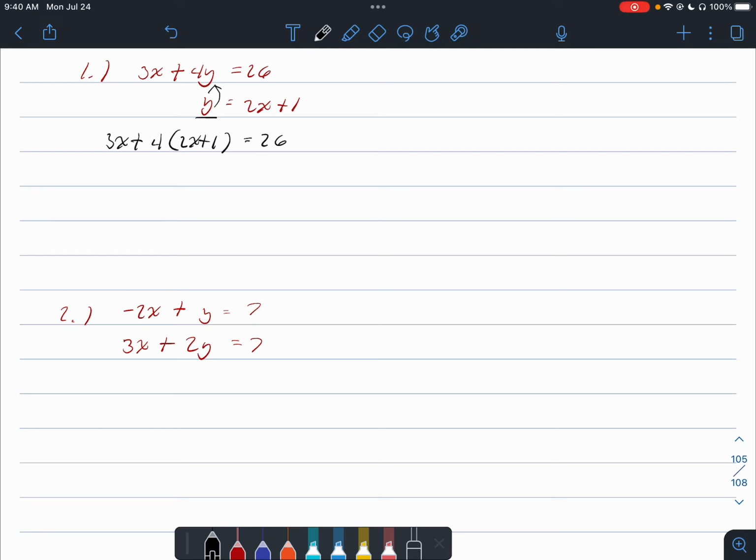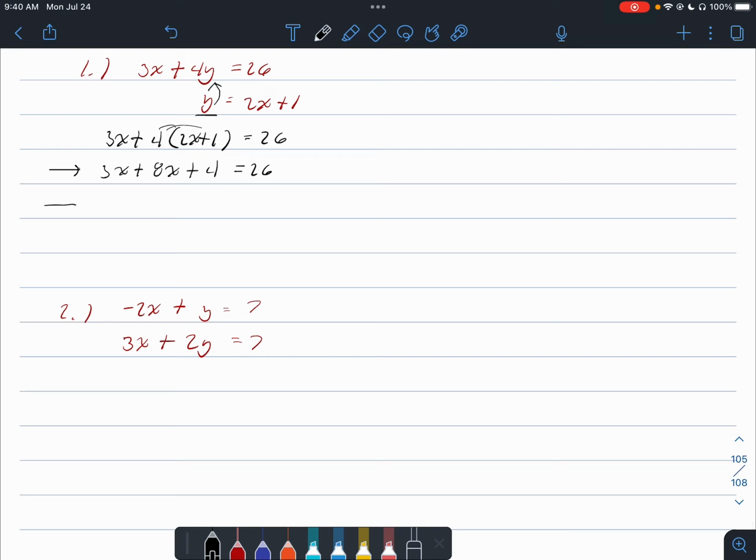All right, so let's go ahead and distribute this 4 here. So this will become 3x plus 4 times 2x, so plus 8x plus 4 is equal to 26. Okay, we can combine our like terms, and we'll have 11x plus 4 is equal to 26.